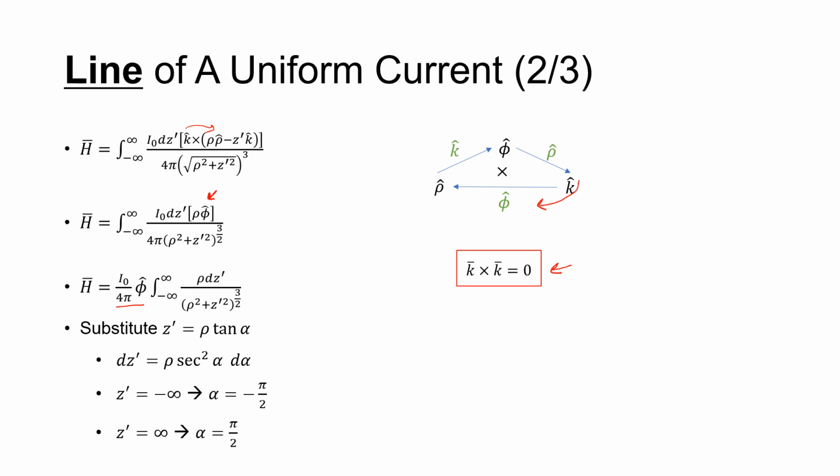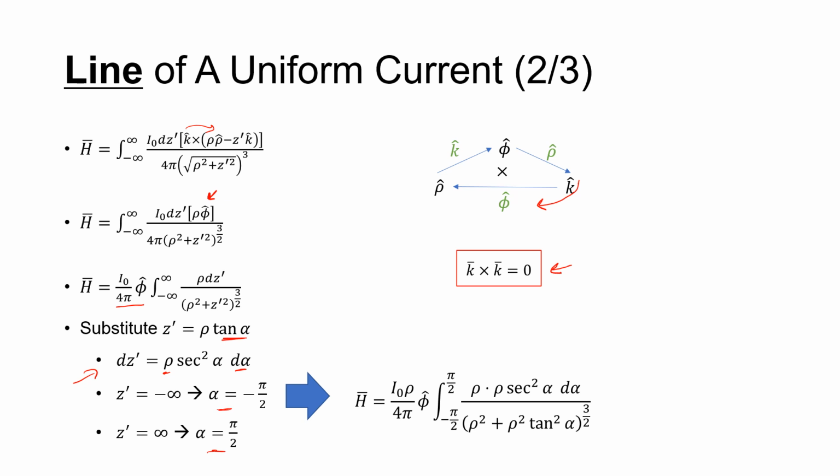Once we do so, we need to find what dz dash will be. Once we differentiate tan alpha, it will bring secant square alpha, and rho is constant, and then we have d alpha. If we substitute with minus infinity, we'll get the angle as minus pi over 2. If we substitute with infinity, we will get the angle as pi over 2.